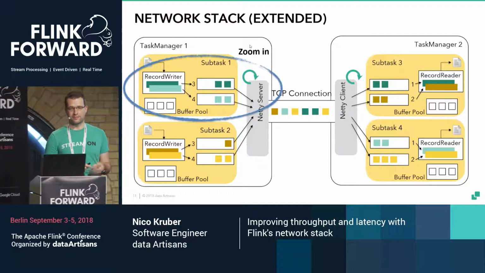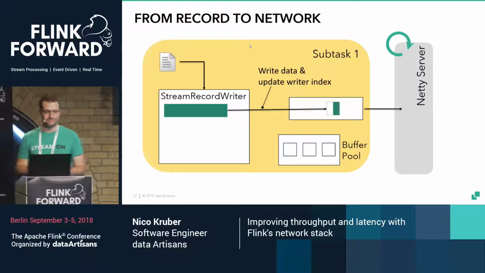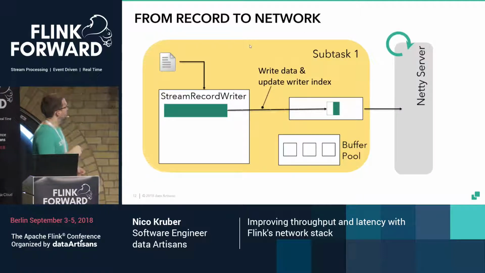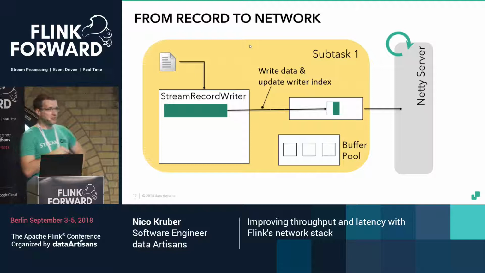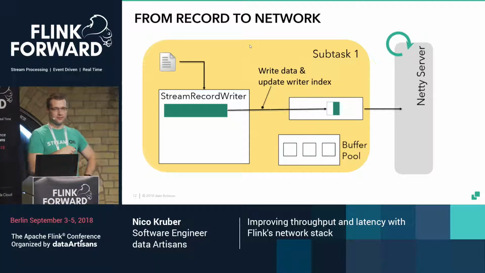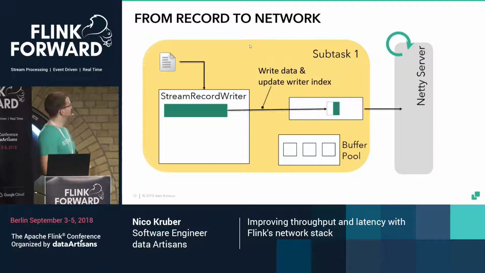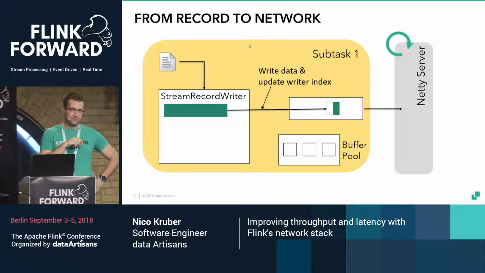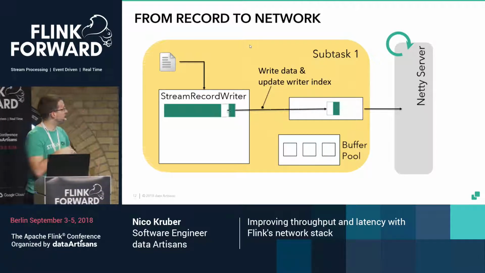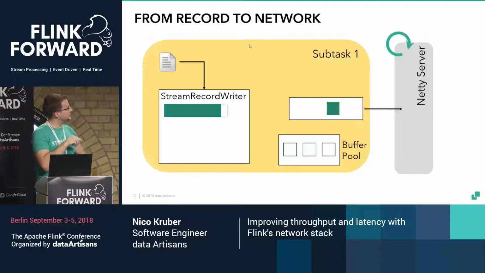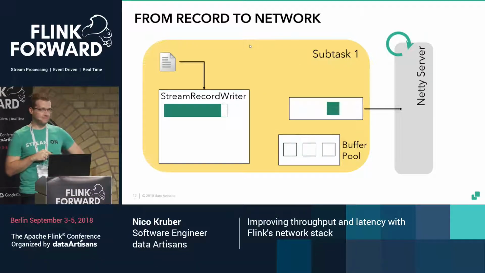So let's have a look at the record writer. We will actually look at the stream record writer for stream processing, because we wanted to improve on latency, and this is where it counts. So we do have a record. The stream record writer will serialize it into an intermediate on-heap byte array. And from that byte array, it will copy bytes into a buffer in the channel.